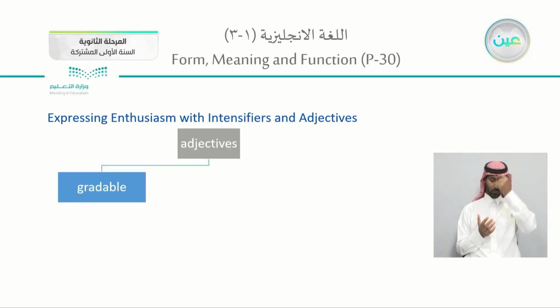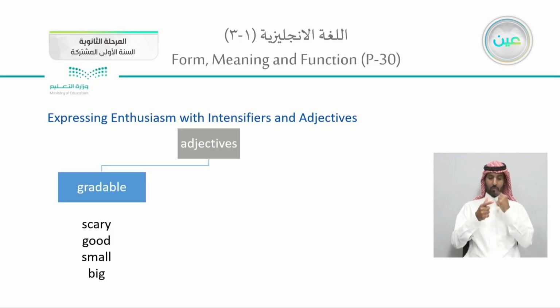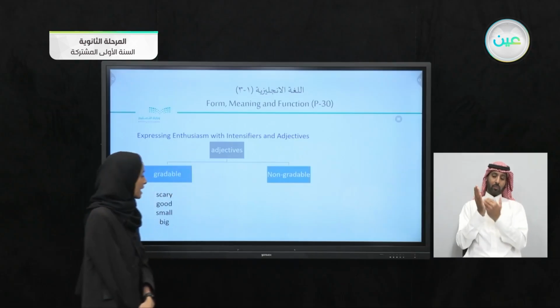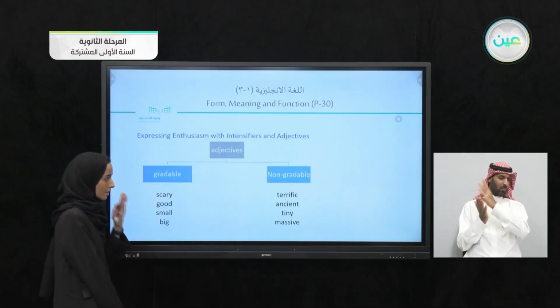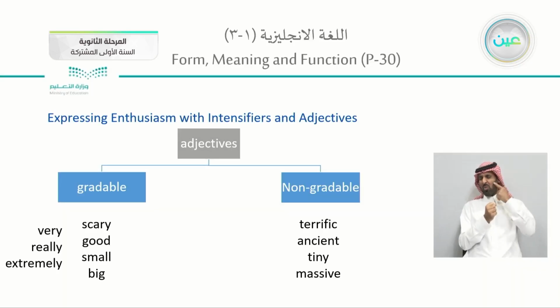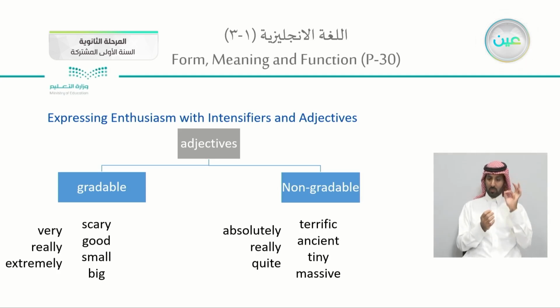Adjectives are of two types, gradable, like scary, good, small, and big. They can come in steps. And ungradable, like terrific, ancient, tiny, massive. Intensifiers that we can use with the gradable are very, really, extremely, and you can use absolutely, really, and quite with an ungradable.